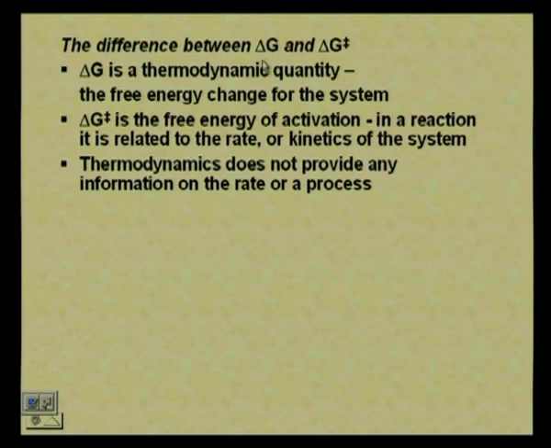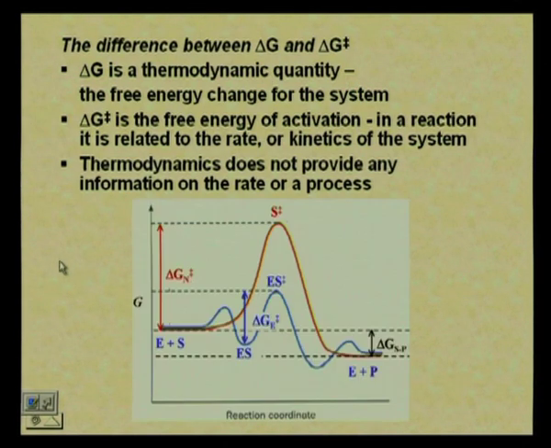Now, we come to the delta G and the delta G dagger. What do we have here? We now do not have an A plus B or a P plus Q anymore. We now have an enzyme and a substrate. What is the enzyme doing?